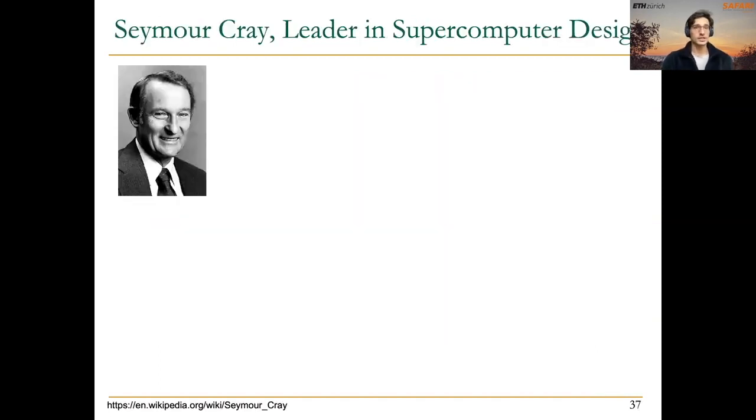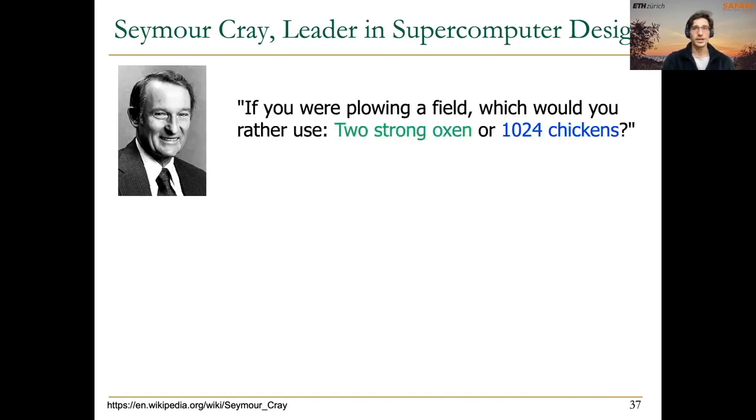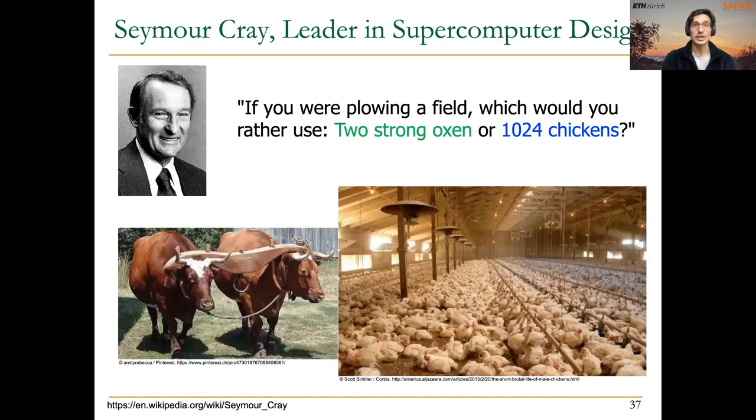And this is Seymour Cray, the founder of Cray. He has this well-known quote where he said, "If you were plowing a field, which would you rather use, 2 strong oxen or 1,024 chickens?" That will depend on the computation that you need to do, as I said before.